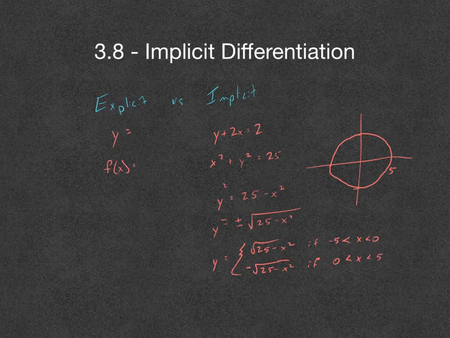So we can write that using standard function notation with a piecewise function and take the derivative that way, but it's in general more efficient to introduce this new technique where we take derivatives of functions that are defined implicitly. Without needing to go through the steps of solving for y and then breaking it up into pieces, I can just take the derivative of this directly.